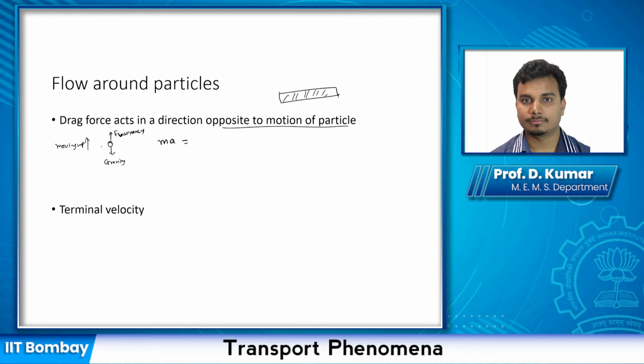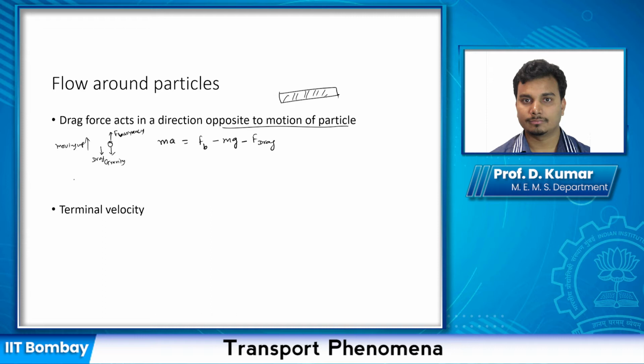Since in this case the particle is going up, drag will act down. Okay, so we can write ma equal to buoyancy, let's call it F_B, minus F gravity, or mg, minus whatever force drag.